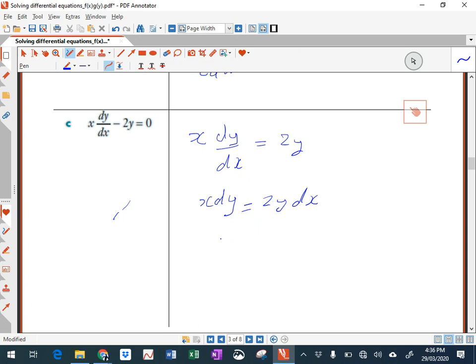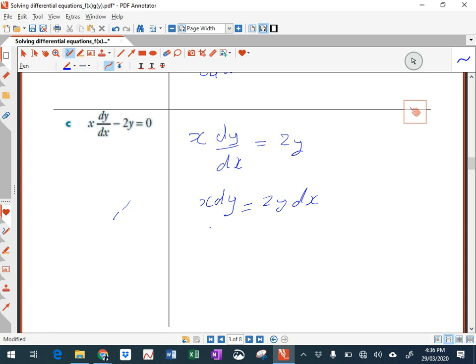And then if I multiply both sides by essentially, okay, what do we do here? Okay, right, if I divide both sides by x, that'll work, and then both sides by 2y.